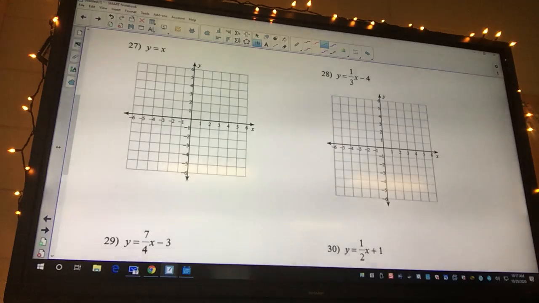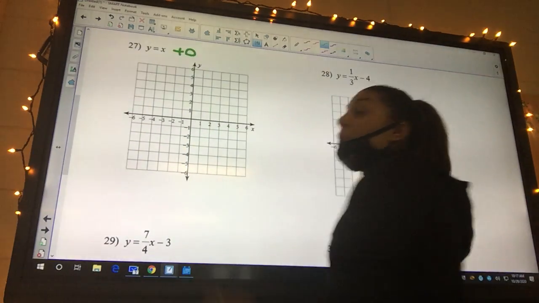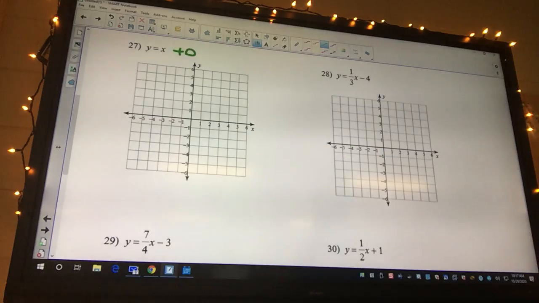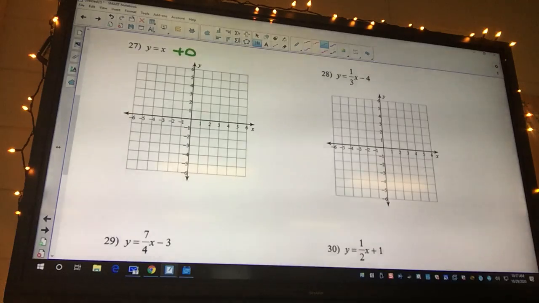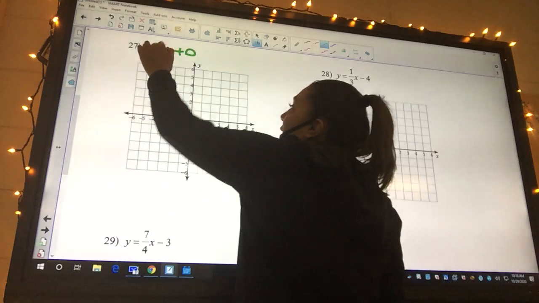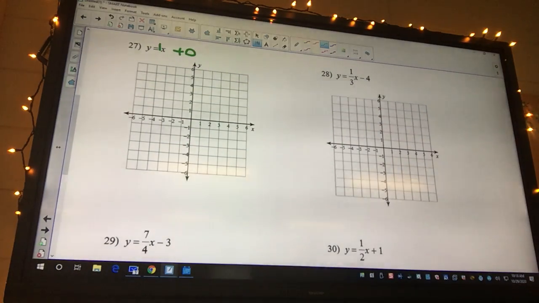If there's nothing there, our y-intercept is 0. But if there's nothing in front of the x, what is it? It's a 1. And that's where I really hate some of the verbiage, okay? If there's nothing in front of the x, it's a 1. If there's nothing else attached to it, it's a 0. So our y-intercept is 0.